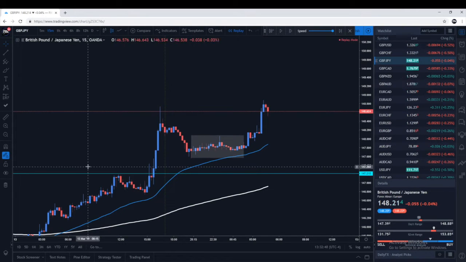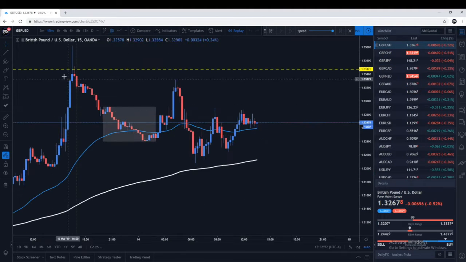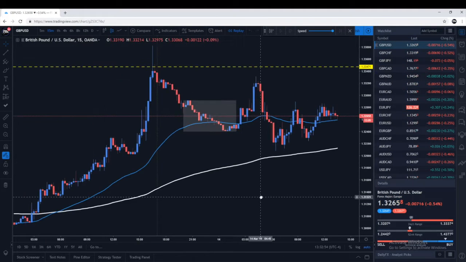They're just basically trapping more traders in the zone. So the question is, why did this go higher? Why did this not go lower? To answer that, on this specific pair, pound USD, if they go higher up here, what does that do for them?